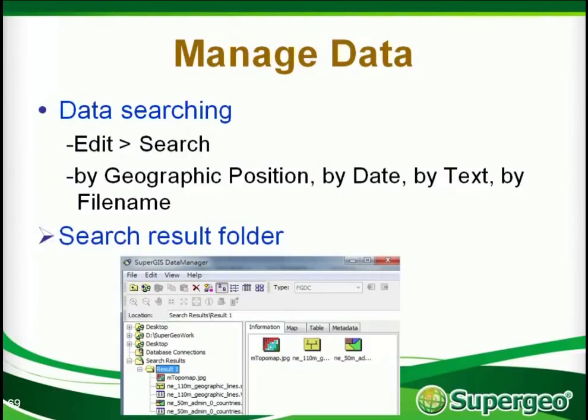You can search by geographic position, by date, by text, or by file name to search the data rapidly. By ticking the search conditions, you can use one or more than one search condition at a time. The results will be stored in a search result folder just at the end of the tree view structure folder.